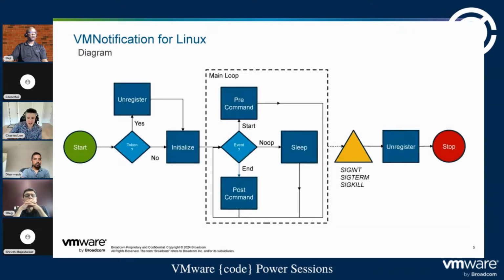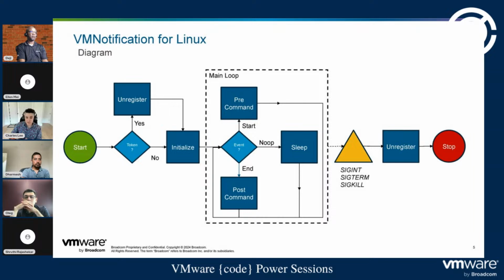In terms of how this looks at a high level, when users start the vMotion notification service, we first check to see if a token was already registered. If there is one, we unregister it, and then we proceed to initialize the application again. We do a cleanup in case the application might have crashed or the system was shut down uncleanly. This gives us a fresh slate.